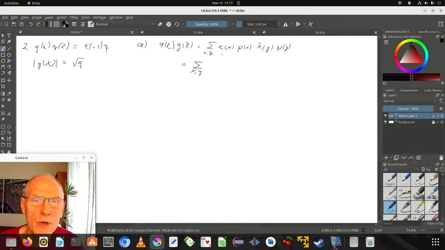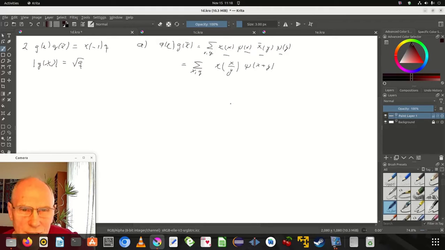So first, these two guys, that gives chi of x divided by y, and then these give psi of x plus y. So it's time to change variables apparently. Or maybe make distinct sums.